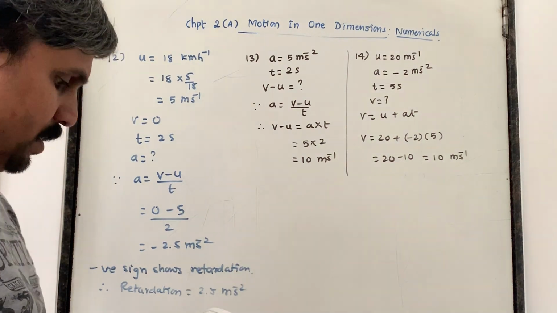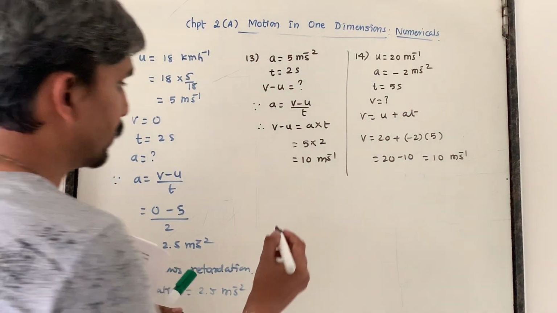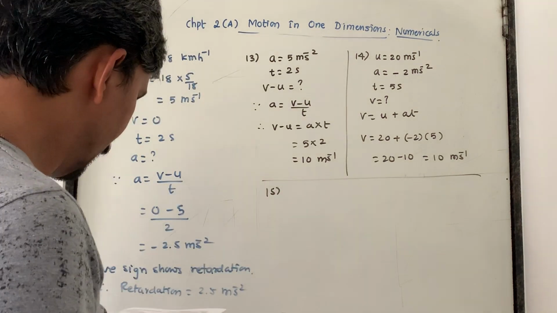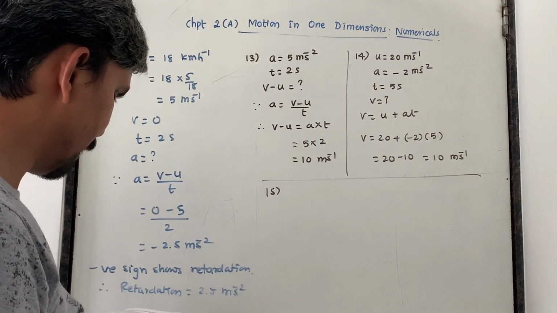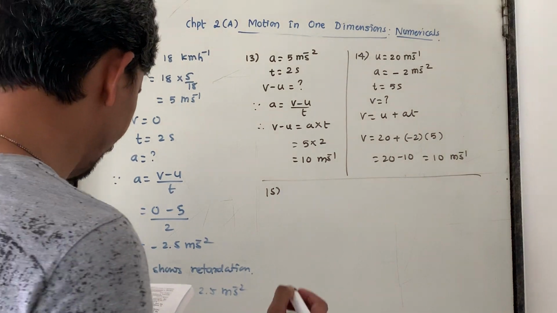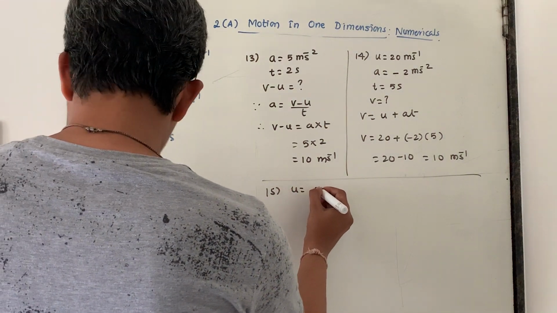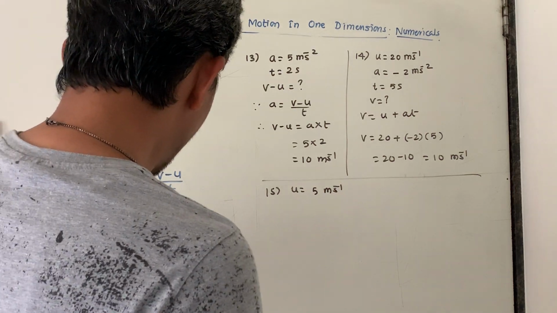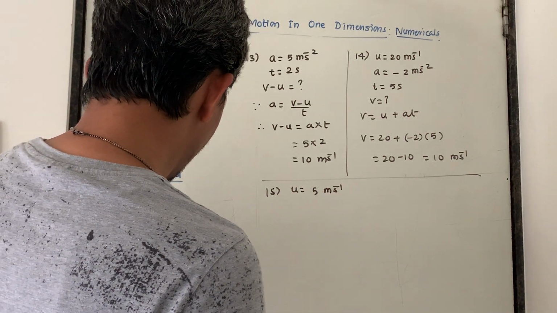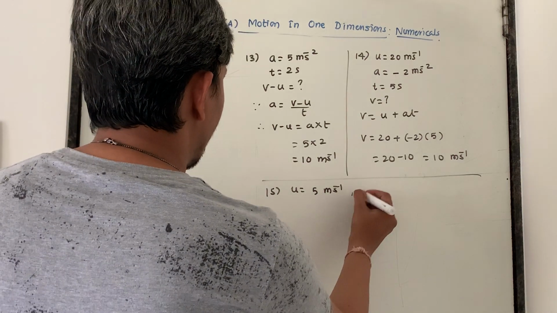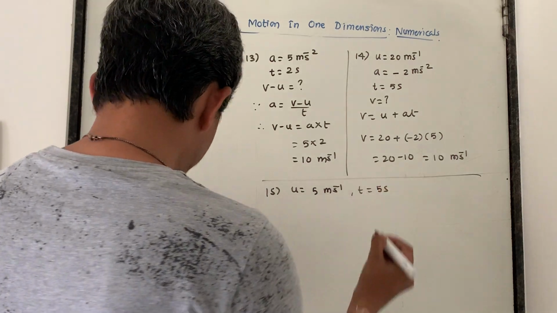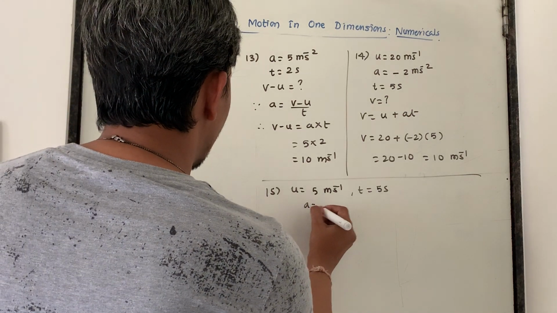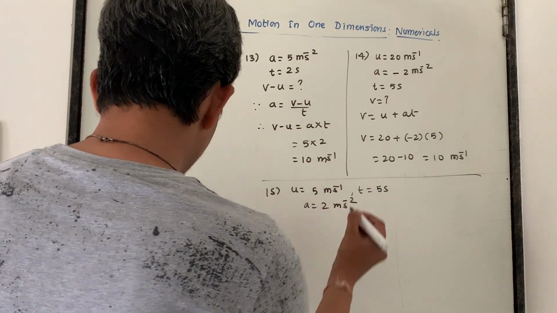Now just take the 15th one. What is given in 15? A bicycle is initially moving with a velocity, that is u is given as 5 meter per second. It accelerates for 5 seconds, t is equal to 5 seconds, at the rate of, a is given as 2 meter per second square.